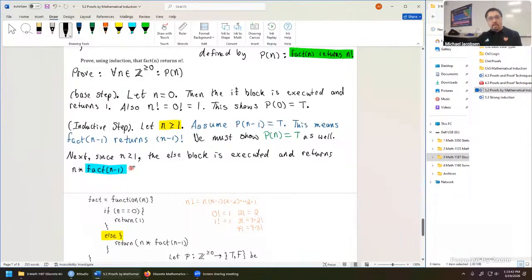And you could write equality if you'd like, but this is a function call. So typically the way we'd write this is we'd say it returns n times. When we say returns, we mean this function call right here. N times, swap in place of this, our inductive hypothesis, n minus one factorial.